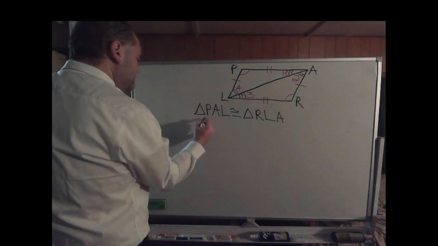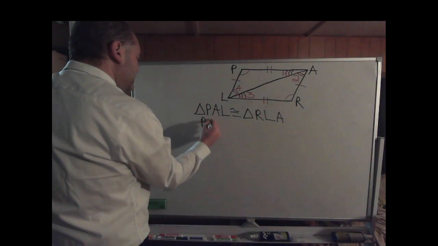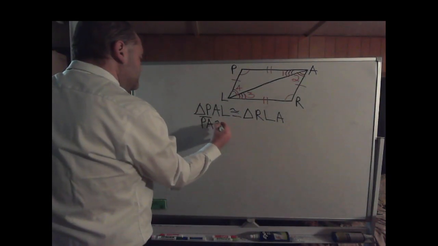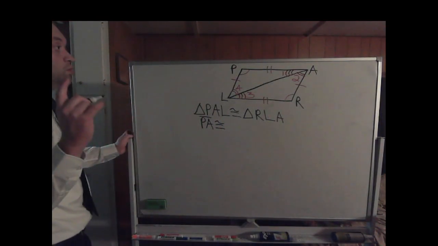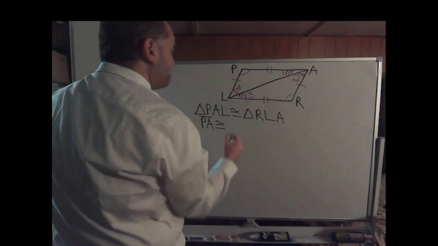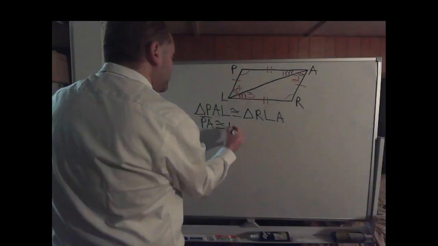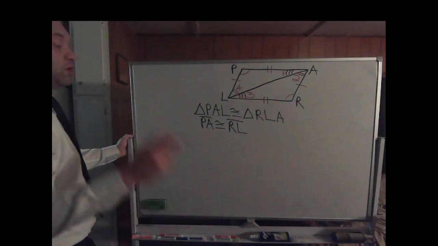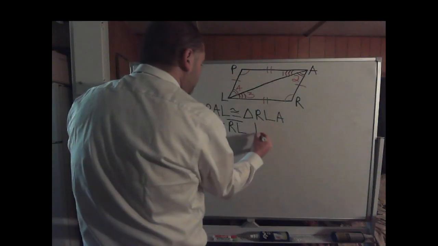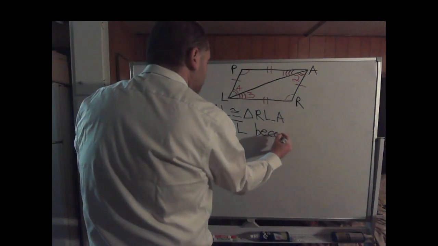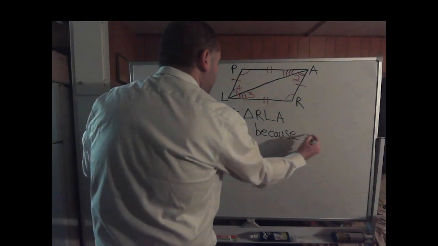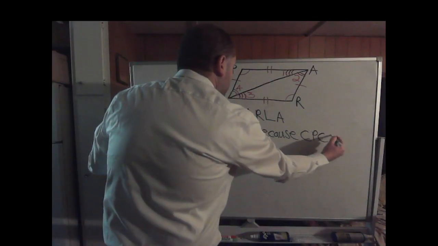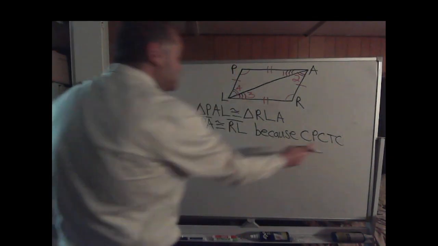And then we can say that line segment PA is congruent to which line segment? Well, that would have to be RL, if we're going in the same order in both triangles. Why are they congruent? Well, because of CPCTC. See how nice this is to use?